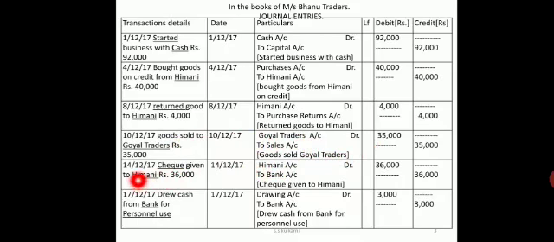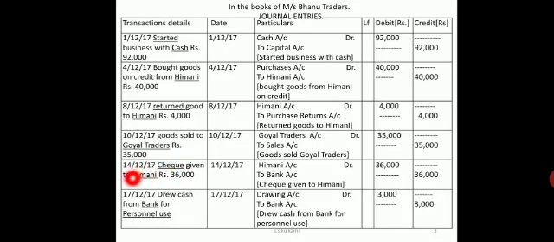Next you are having on 14/12. Now check given to Himani. Now 36,000. Now here we are having two accounts again, check and Himani. Now whenever checks are given, remember bank is paying on behalf of us. So when the word check comes, we are going to always use the word bank.